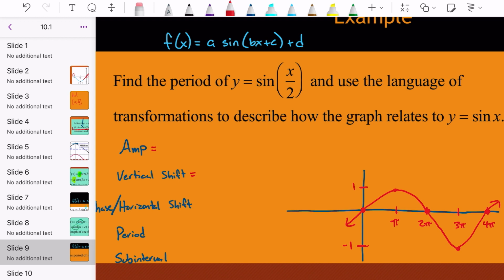Now in this case, we can easily see that we do not have a number in front of the sine, which means there is a 1 that is currently there. So our amplitude is 1.